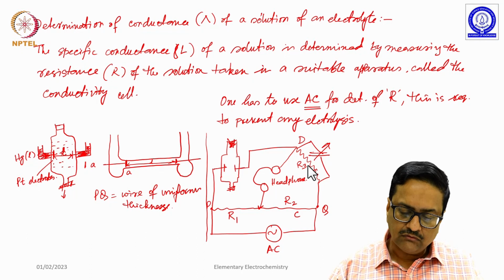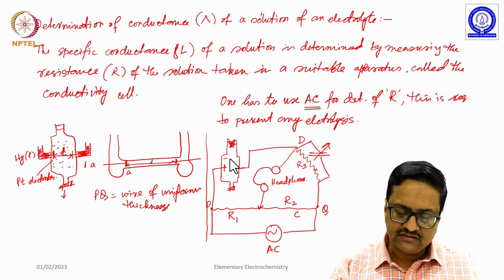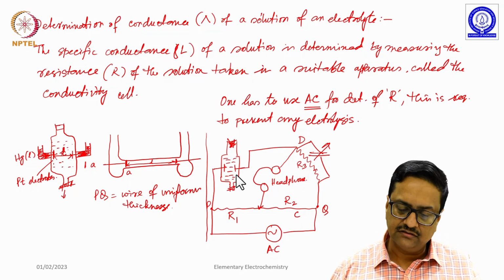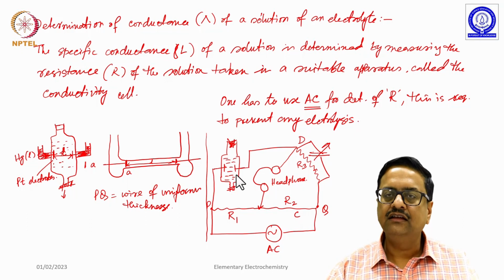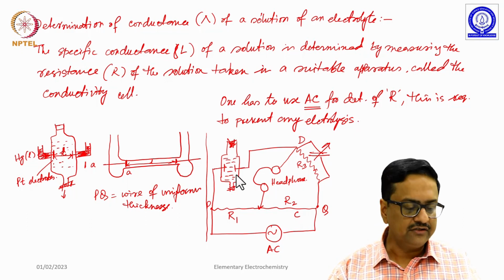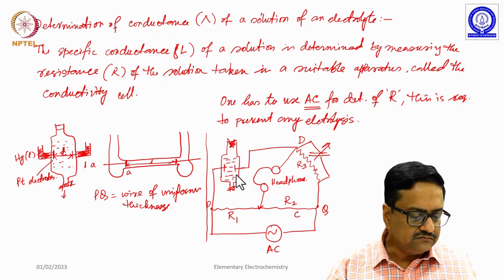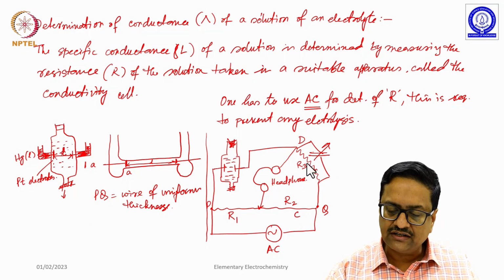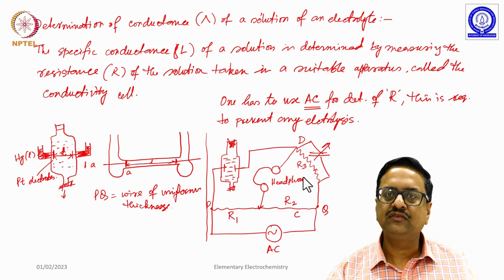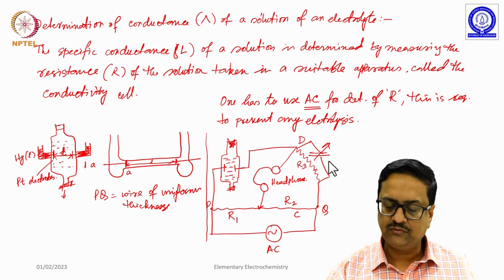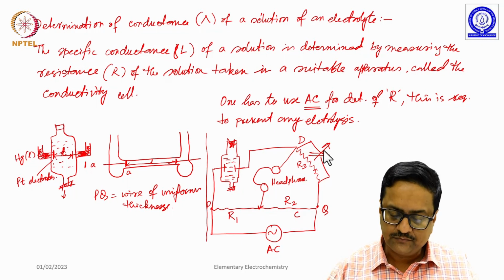We have a solution of a particular electrolyte in this conductivity cell, and we are passing alternating current, and we use a particular definite resistance at R3, which can be changed, but during the experiment we keep it fixed at a value R3.